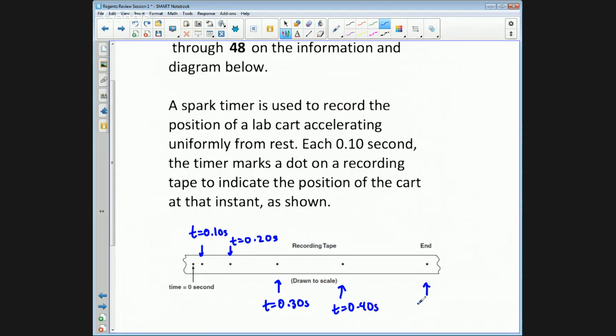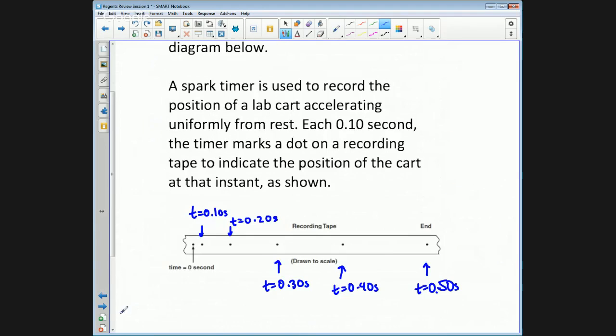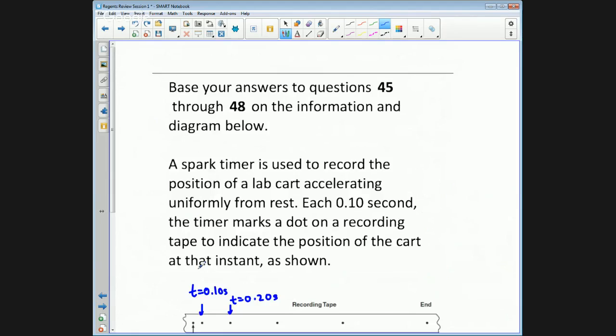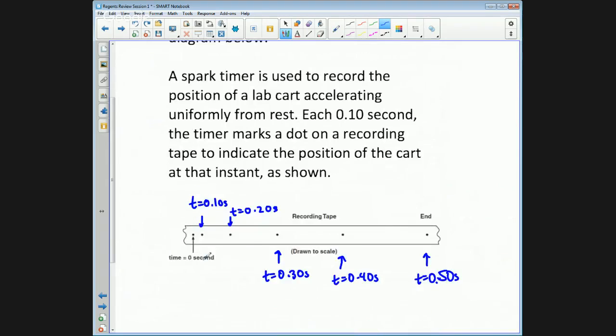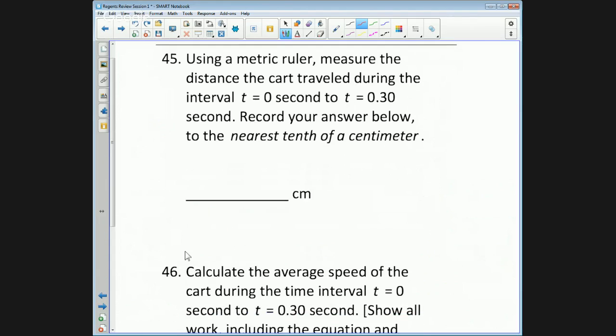And this one represents T equals 0.50 seconds. So the question is asking, measure the distance the cart traveled during T equals 0 to T equals 0.30. So we would have to figure out the distance from here to here using the ruler, using the centimeter side. And then we round our answer.